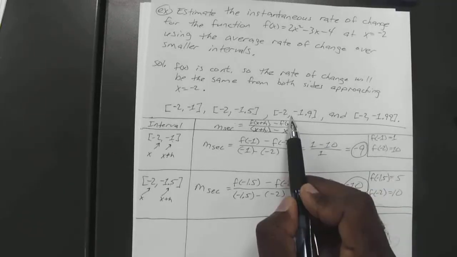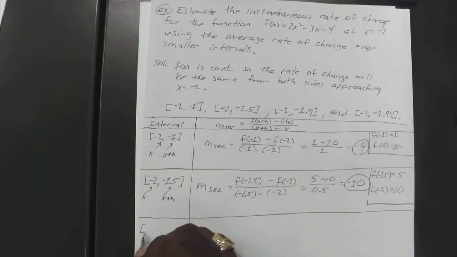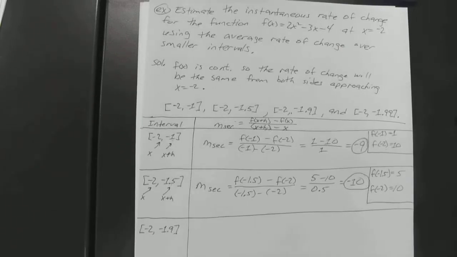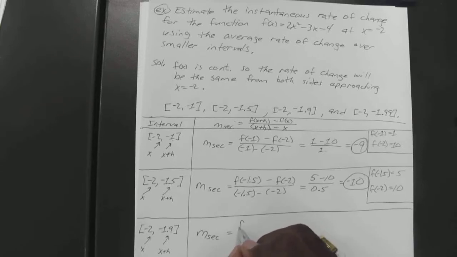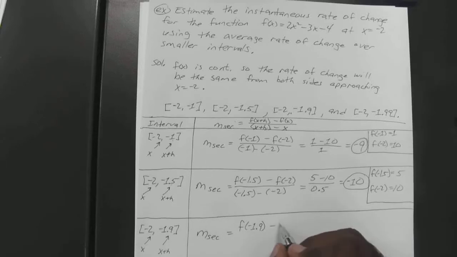Okay, so we can try -2 to -1.9. In this case, this would be our x, and this is our x plus h. So our average rate of change is equal to f of -1.9 minus f of -2, all over -1.9 minus -2.